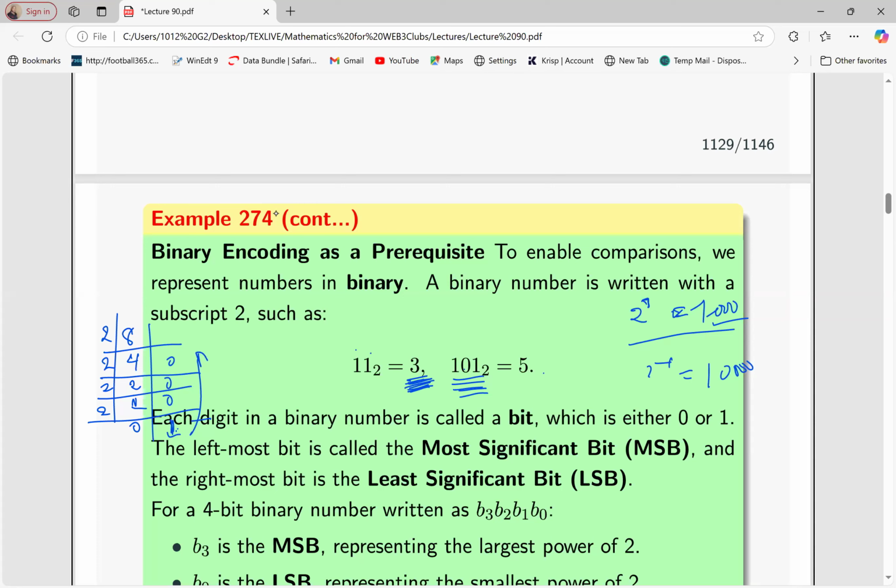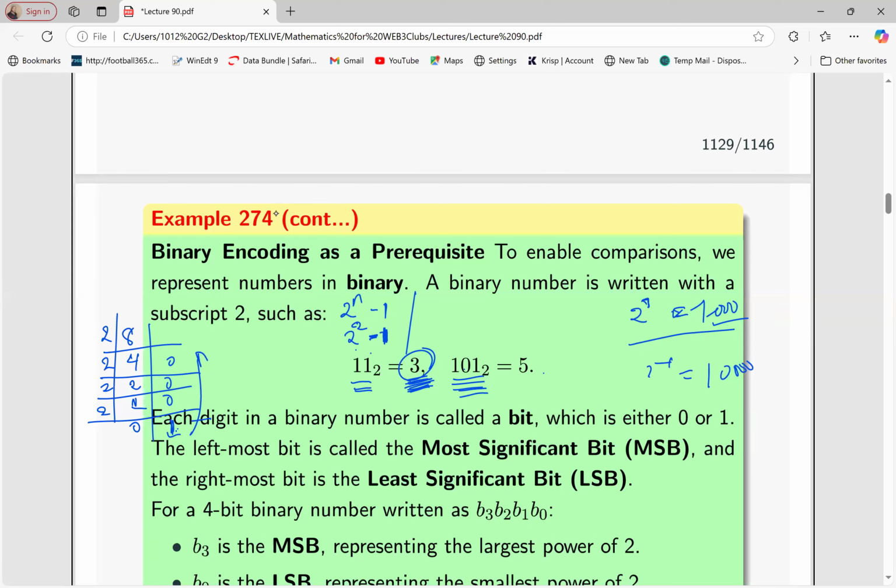What you realize, this is 3. It's the same as 2 raised to n minus 1. It's 2 raised to 2 minus 1. Well, that is 4 minus 1, which is 3. Then it gives you this.